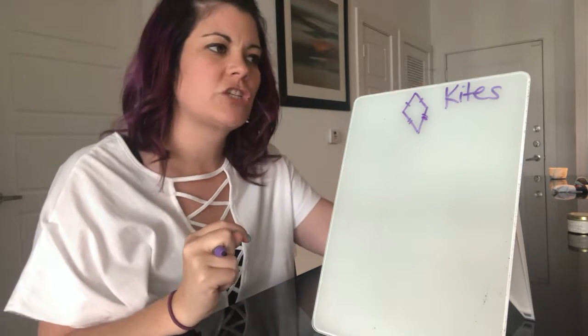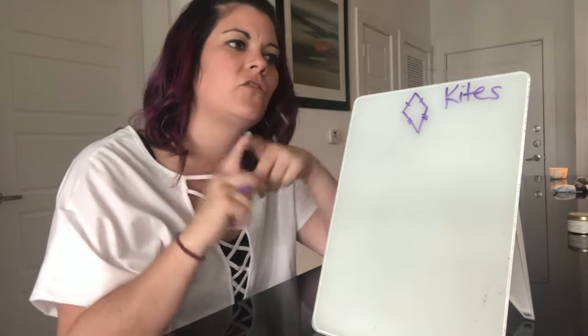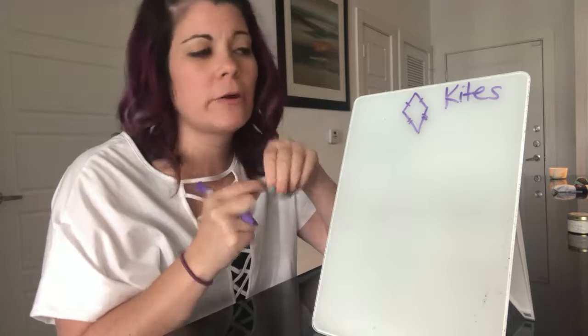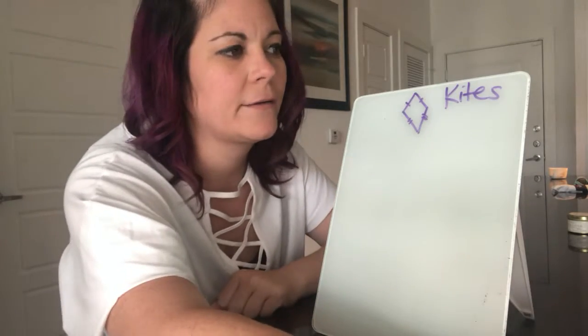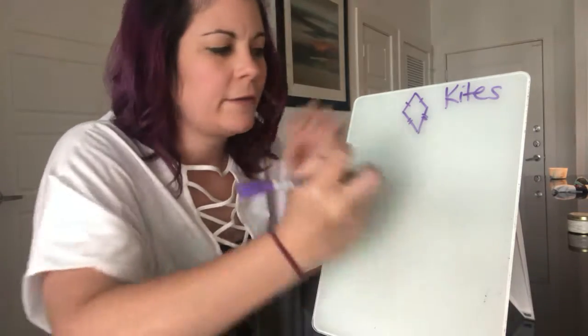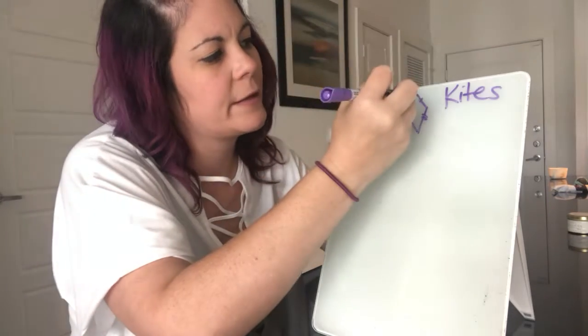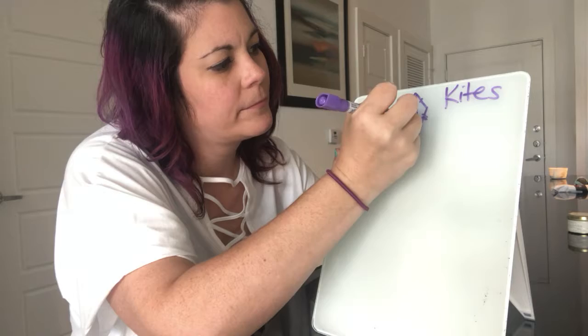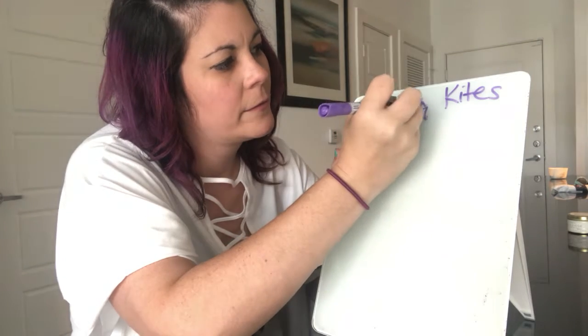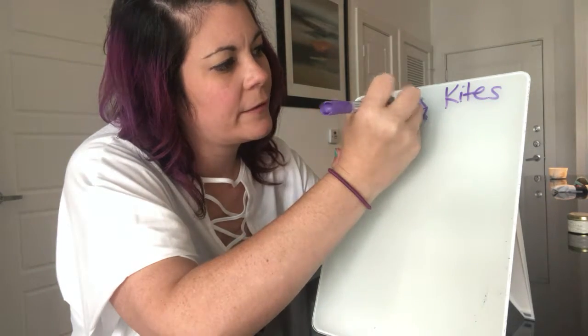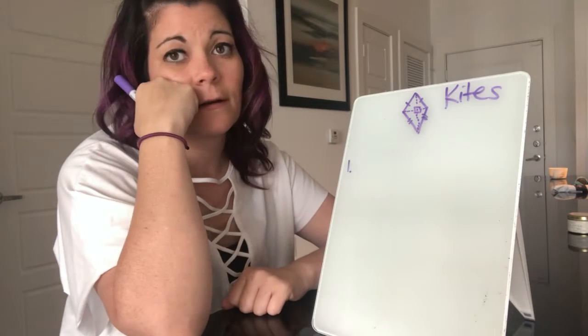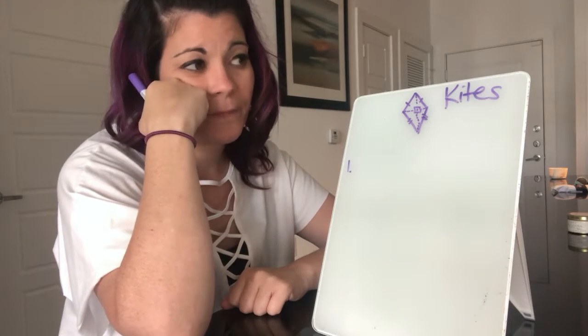So that is the definition of a kite. So if you can prove that the two adjacent sides are congruent, then you can prove that it is a kite. And one of the theorems is that the diagonals of a kite are perpendicular. So the diagonal from one angle to the opposite angle, they are perpendicular.